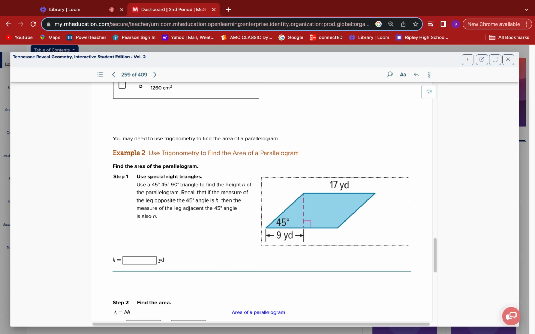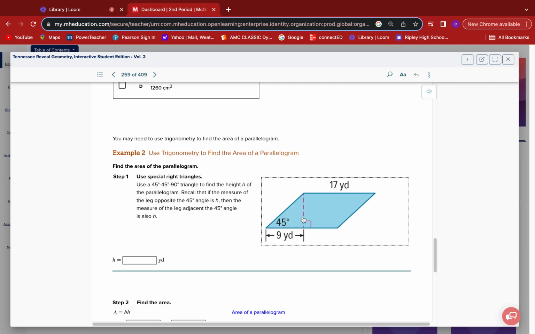What I mean to say is the legs are the same. So if one leg is 9 yards, the other is 9 yards. So I don't need to use trig here. I'm going to use my special right triangles. So 9 for one leg, 9 for the other leg, and that means my height is 9.